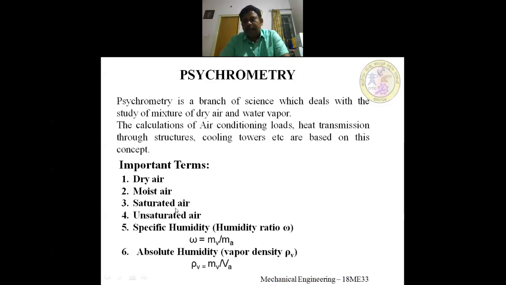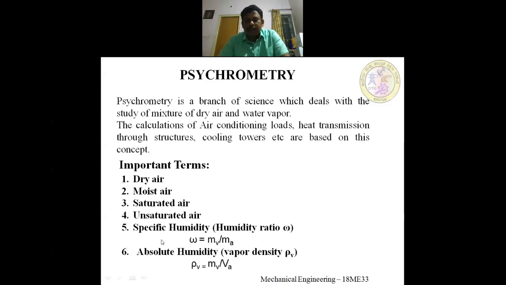Whereas unsaturated air is air which does not contain the maximum amount of moisture for a given pressure and temperature. Normal atmospheric air is unsaturated air because it does not contain the maximum amount of water vapor.